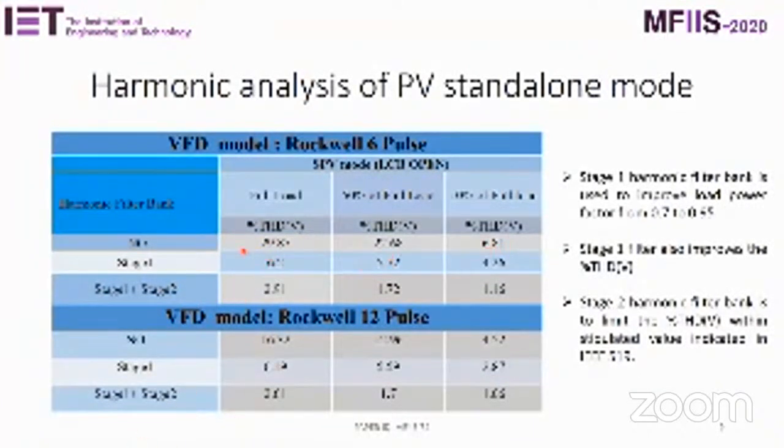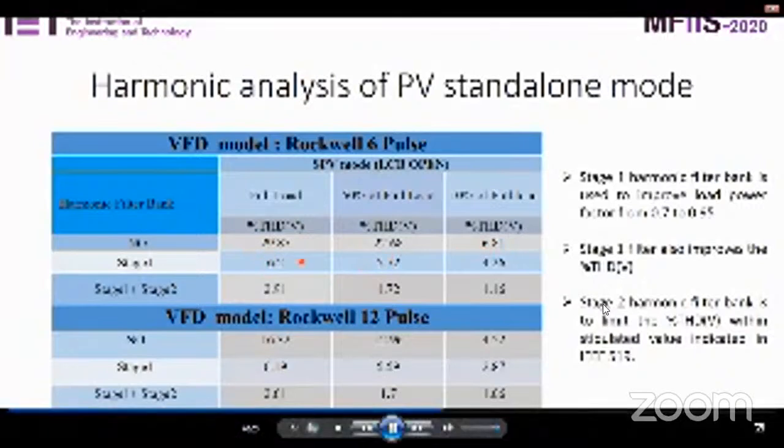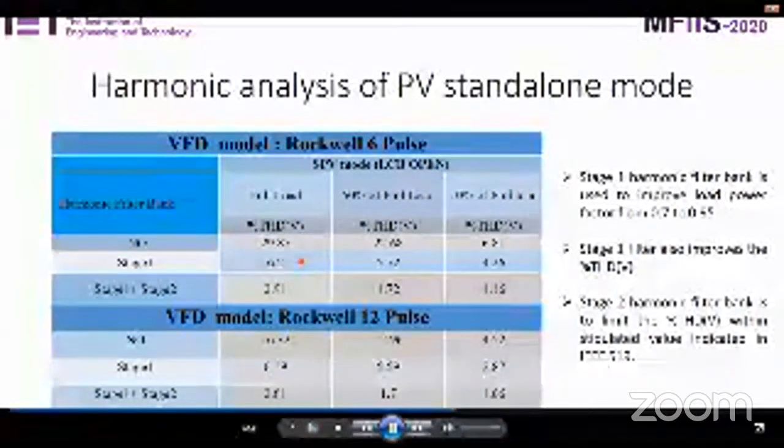The 29.87% value is very high with respect to the standard value. So to reduce this percentage THDV, we have to use the filter bank.